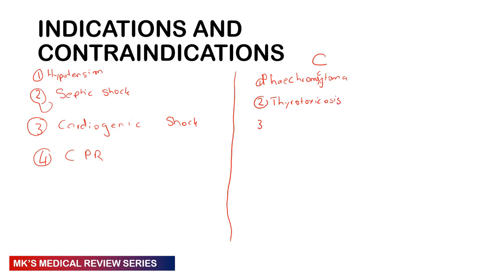The third thing is if this person has tachyarrhythmias, that's also another contraindication. And anyone that has VFib, these are going to be some contraindications of dopamine.